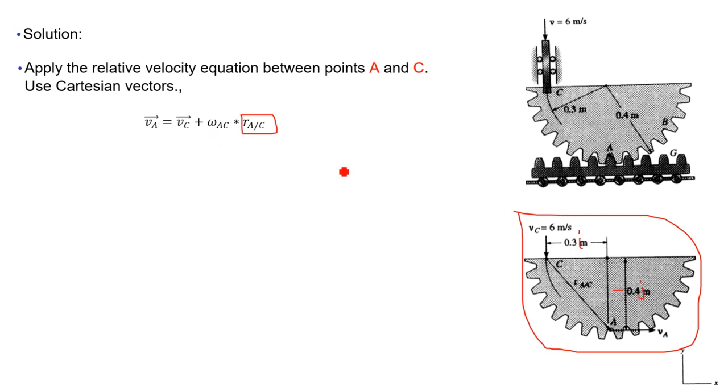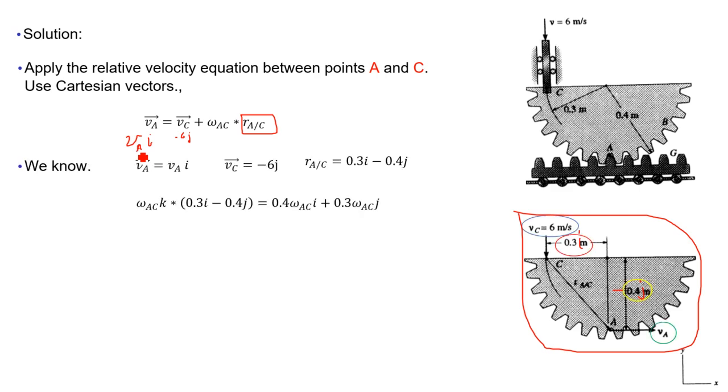The omega AC K is going to be multiplied by both. This one is equal to negative 6 J. And this one only has the VA I, because it's only going to have a horizontal movement.